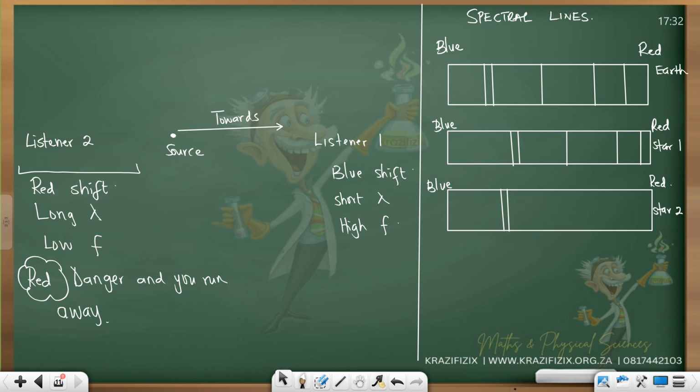Let me shift this a bit because I want something very clear. And I have that. Then I have this one right here. 1, 2, 3, 1, 2, 3, 4, 5, 1, 2, 3.